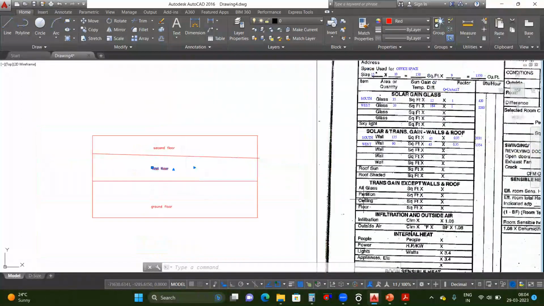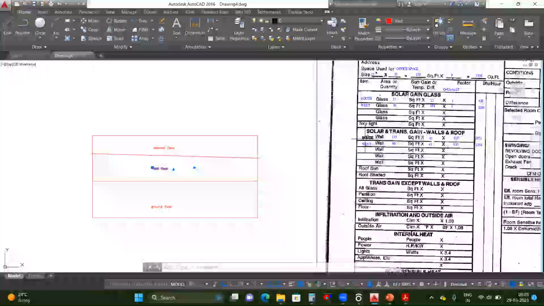So in this situation, we have to take the partition heat as a partition value. Only if the second floor area is not air conditioned do we need to take the partition value. If the second floor is air conditioned, then we don't need to take the roof value or the partition value.